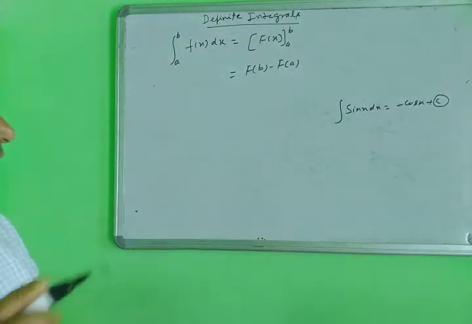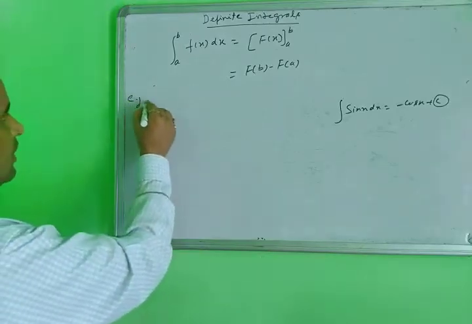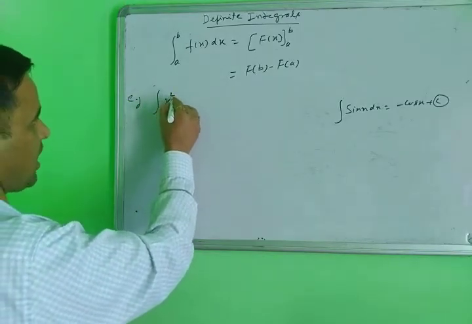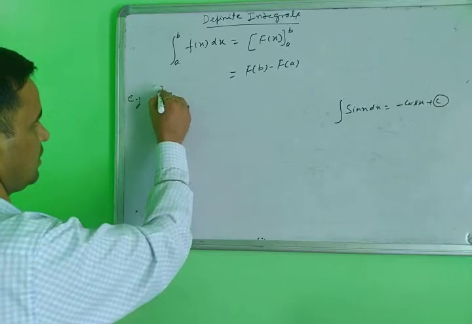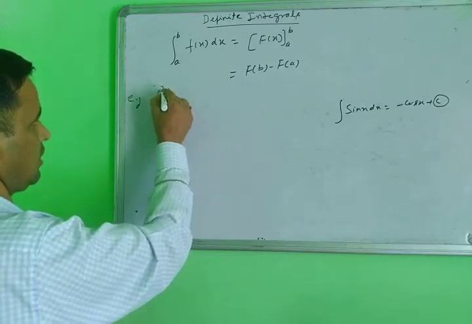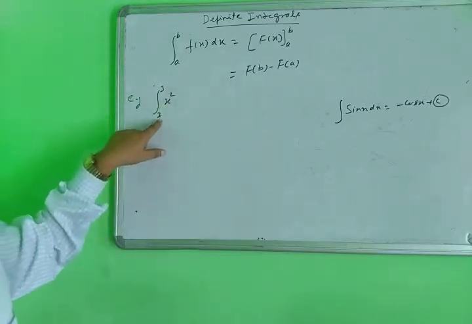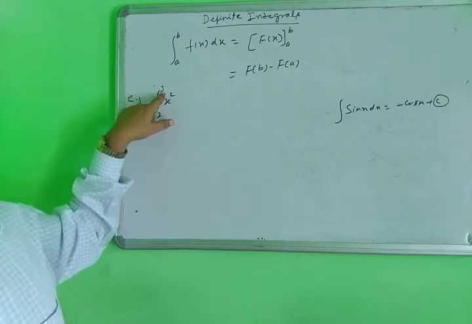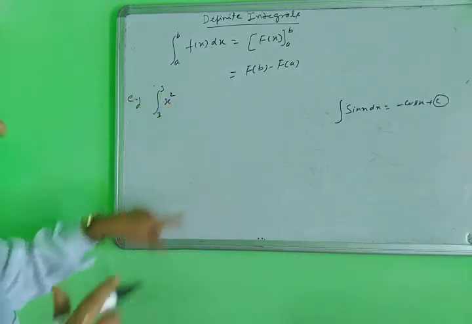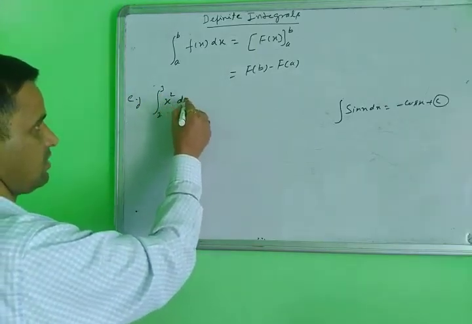Yes. For example, suppose we integrate x square from 2 to 3. The lower limit is 2, the upper limit is 3, and the function is x square. This is the example.